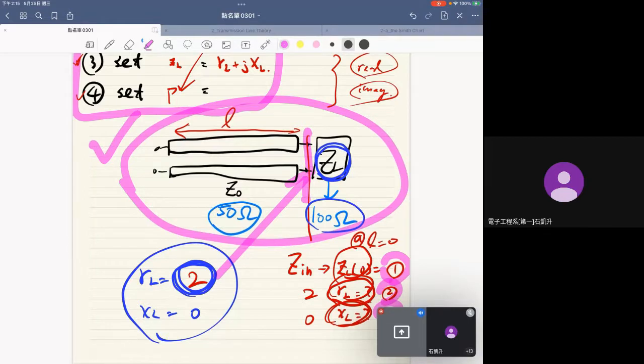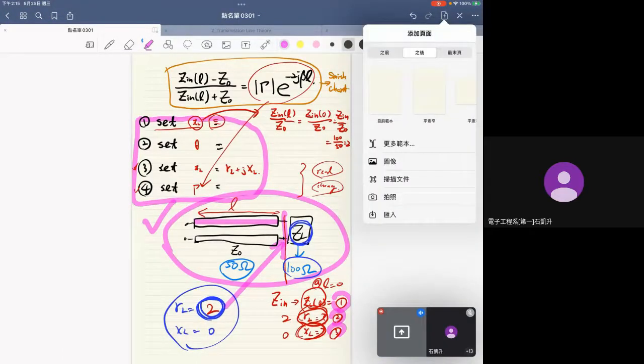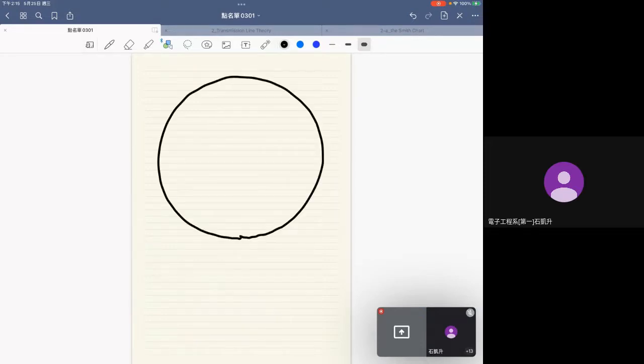And when you have a transmission line of length L, you will change your circle. Just giving you some hint about how to use the Smith chart. There will be a circle.